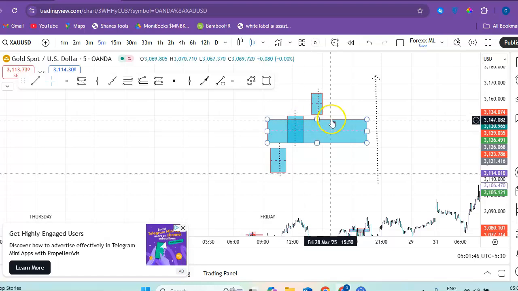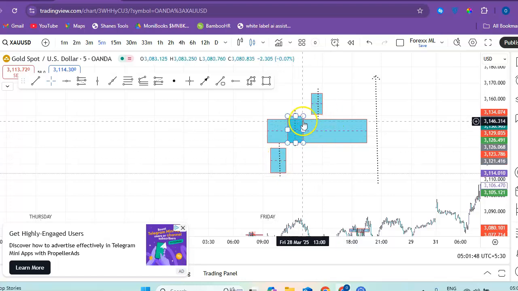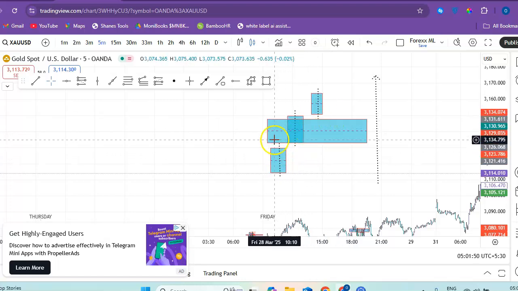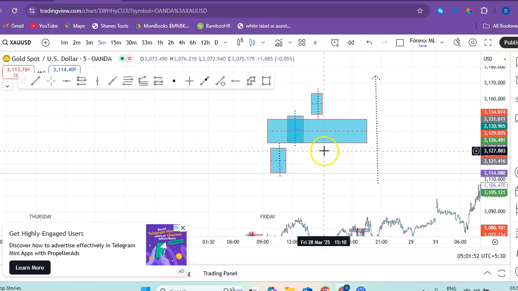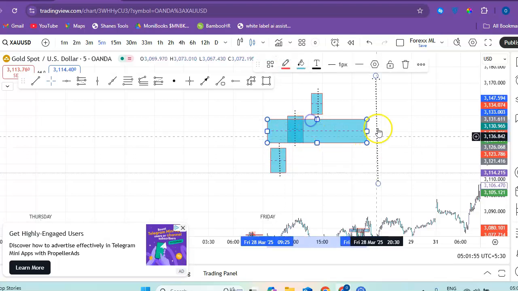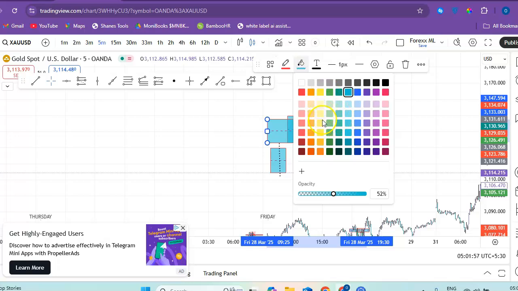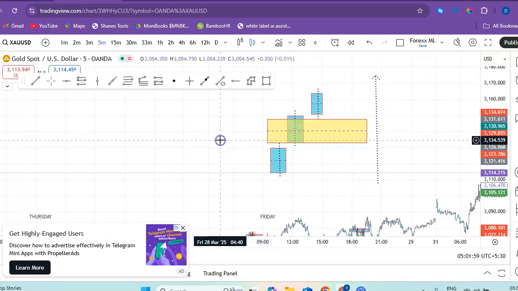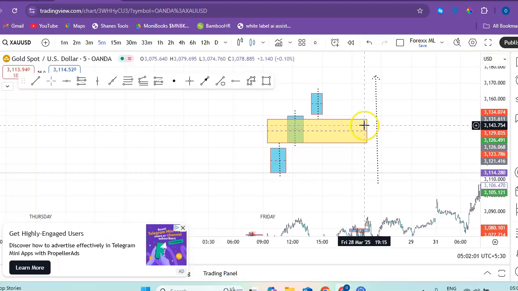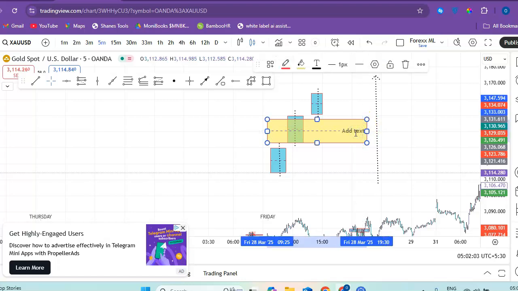You can see right here, this is the tip of the wick of the third candle, and this is the tip of the wick of the first candle. You can see this gap here. Let me quickly change its color to yellow so you can find this. Let's just call it FVG, fair value gap.